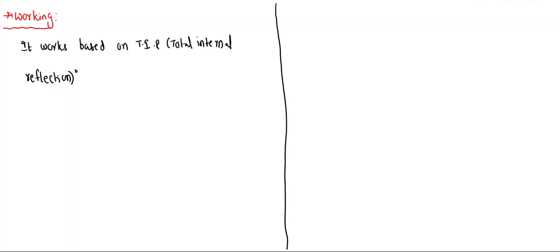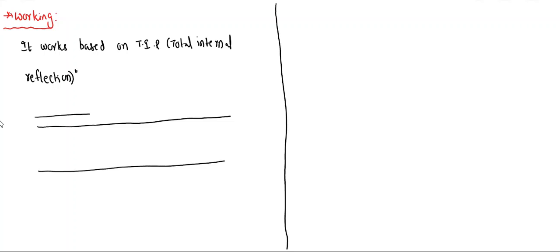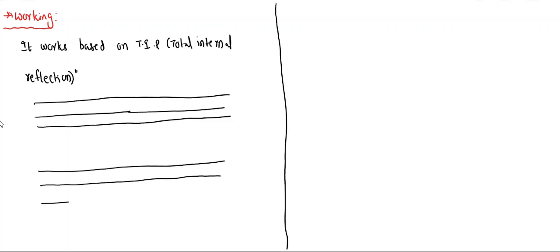For this, let us draw a diagram here. This is the core. Core is surrounded by a layer. This is optical fiber. You see here, it has 3 layers.